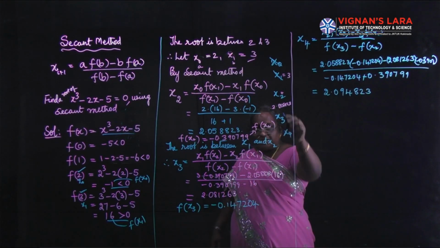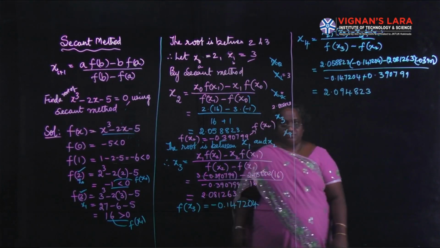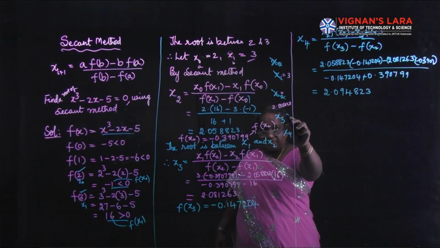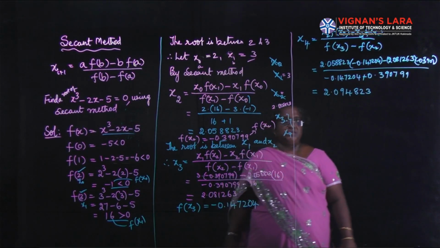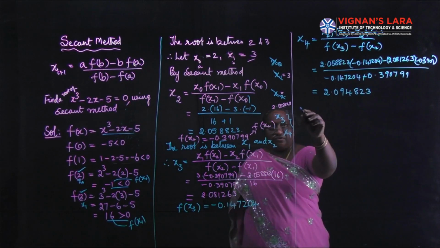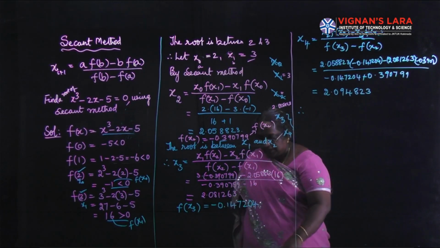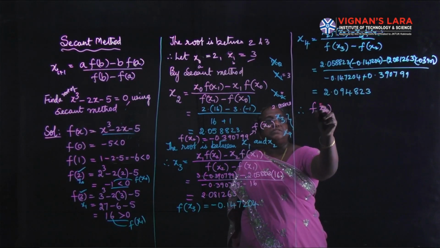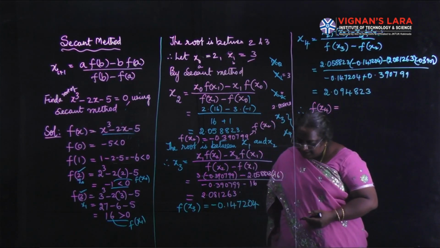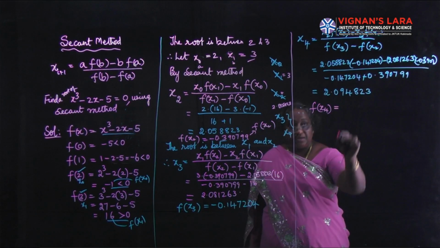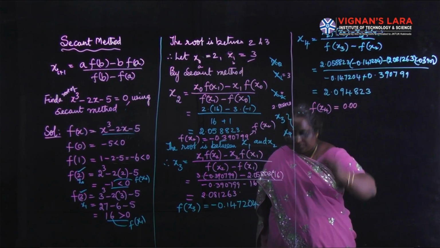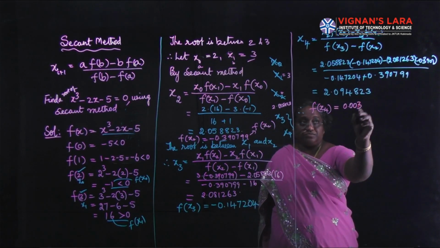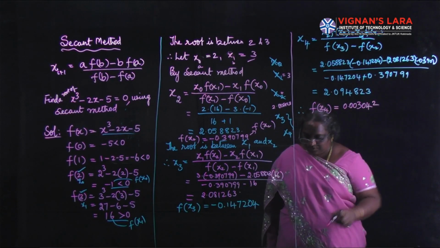So here we got x4. When x4 is obtained, we will rule out x2. So we will consider the next approximation lying between x3 and x4. Here we have to calculate f of x4. Using the calculator, f of x4 will be 0.003042.